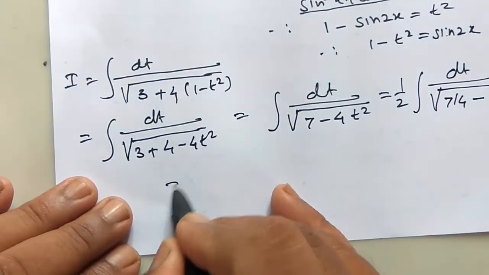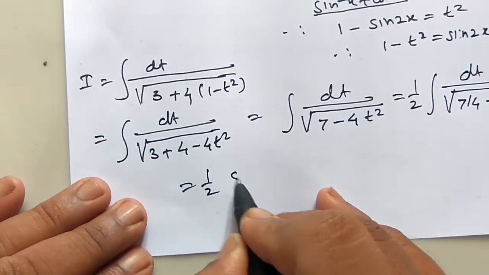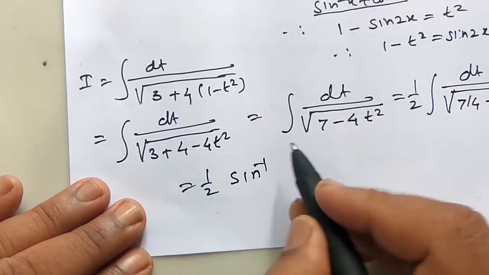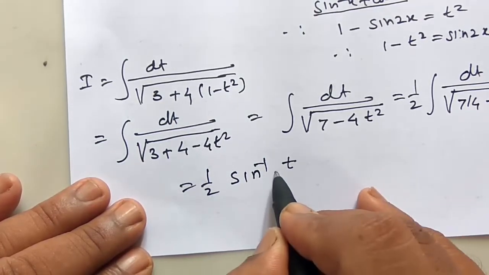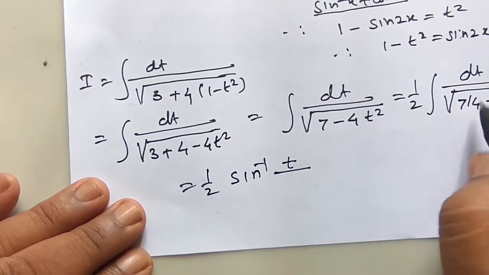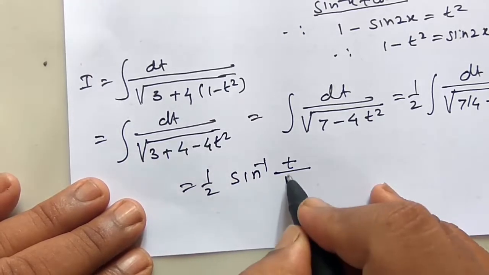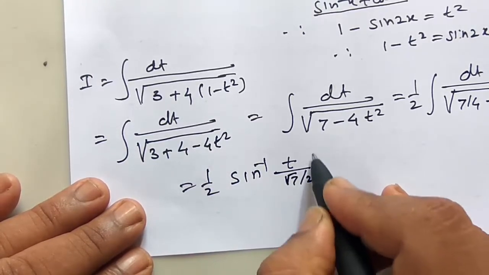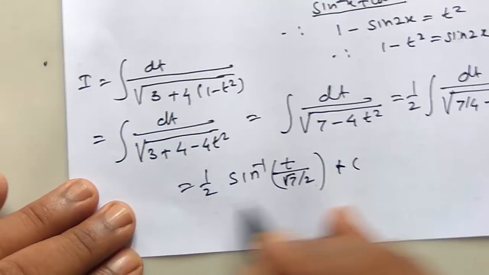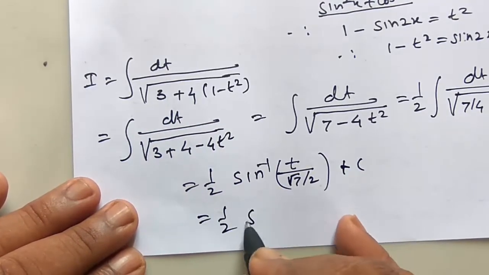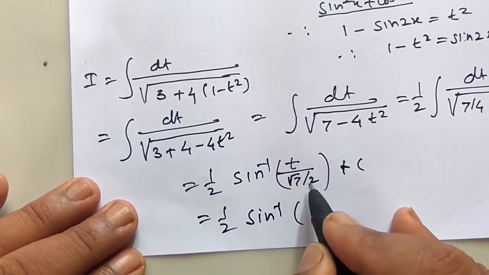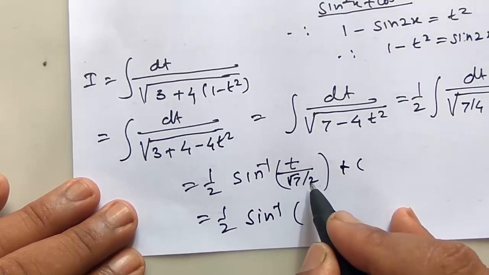So this is equal to 1 upon 2 sin inverse of x upon a. A is the square root of this. So divided by 2 plus c. So this is equal to 1 upon 2 sin inverse of 2 is divided into denominator.